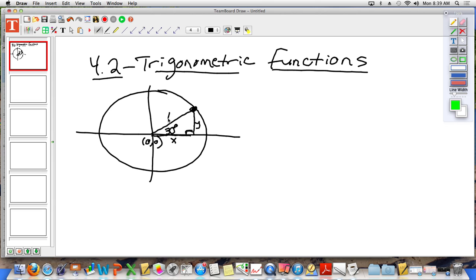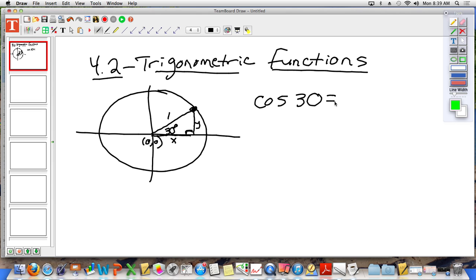Then we went back to SOHCAHTOA, and we said that the cosine of 30 degrees was the adjacent side, which is x, divided by 1.